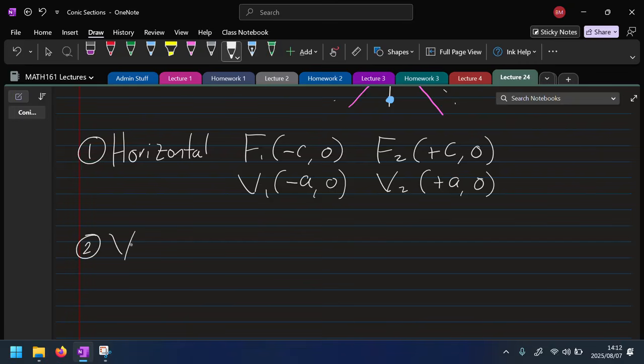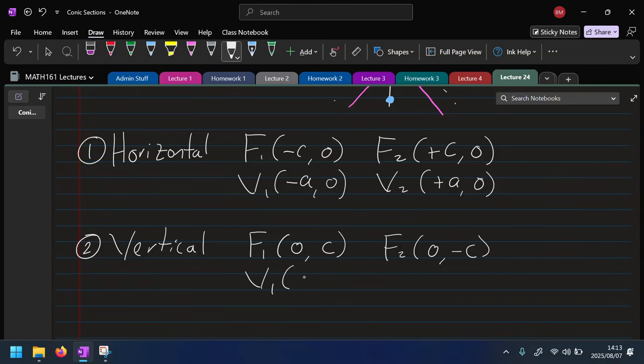And then for the vertical, so now we're looking at the y values, not the x values. This will be (0, c) for the top one, (0, minus c) for the bottom one, and then the same sort of thing for the vertices. So we have v1, that will be (0, b), right?